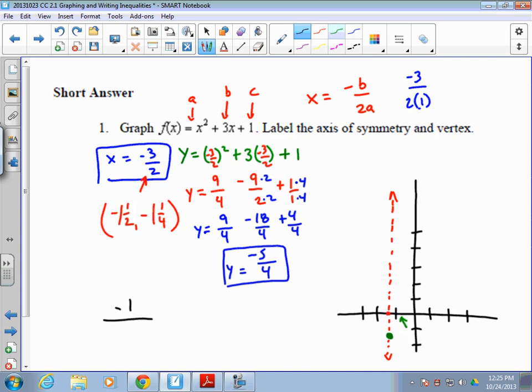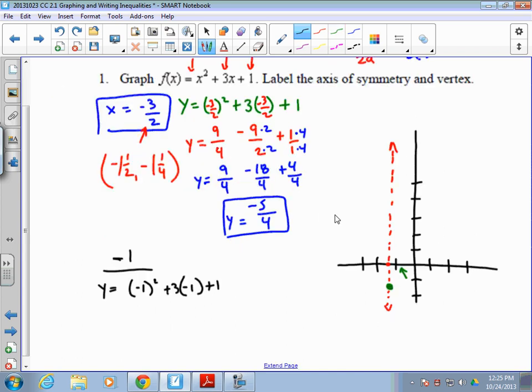So that's going in place of x. Our equation says y equals x squared, or negative 1 squared, plus 3 times negative 1 plus 1. So our y value, when we simplify this, negative 1 squared is 1. 3 times negative 1 is minus 3 plus 1. So 1 minus 3 is negative 2, plus 1 is negative 1.